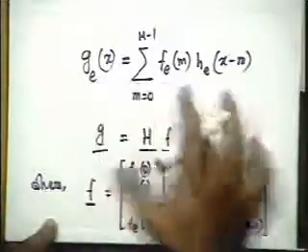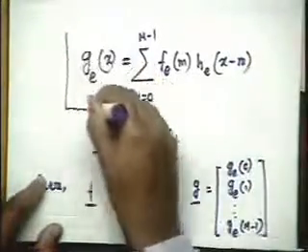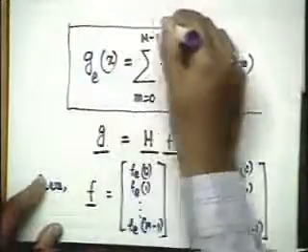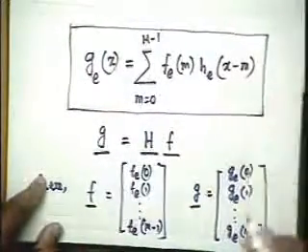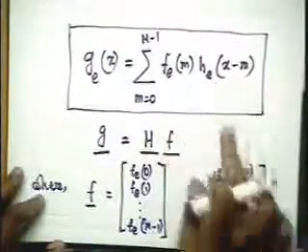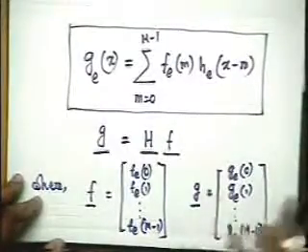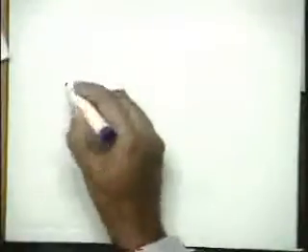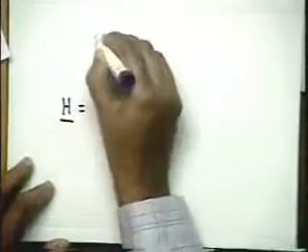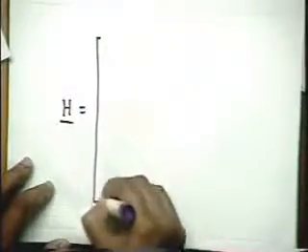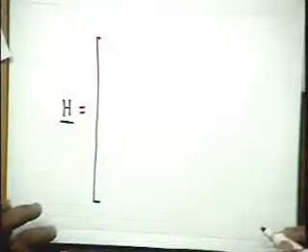And going by this equation, Gex equal to this, if we consider this equation, then how should I write the elements of this H matrix? Just think it over. The capital H matrix can now be written in terms of the elements of HE.